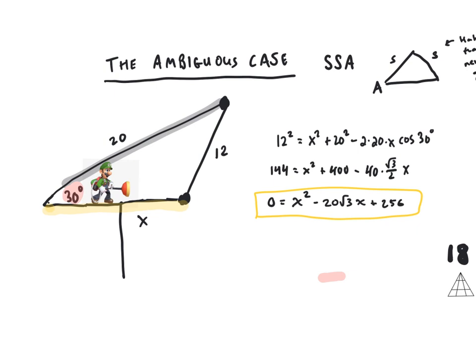Or if the discriminant were negative, then that would be the case where there would be no triangles possible, perhaps because you have an obtuse angle and the side across from the obtuse angle isn't the largest side in the triangle. But from where we got to with these two possible solutions for the missing side, we can then go ahead and complete the triangle either using the law of sines, or you can use the law of cosines because you know all three sides in the triangle at this point.